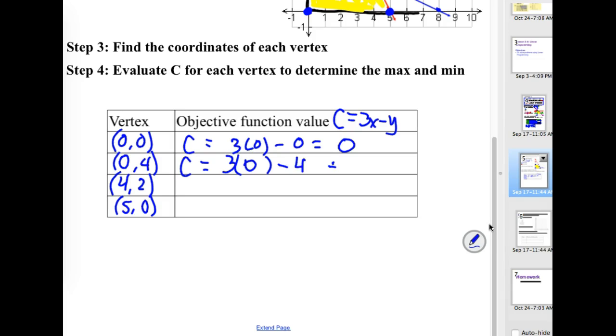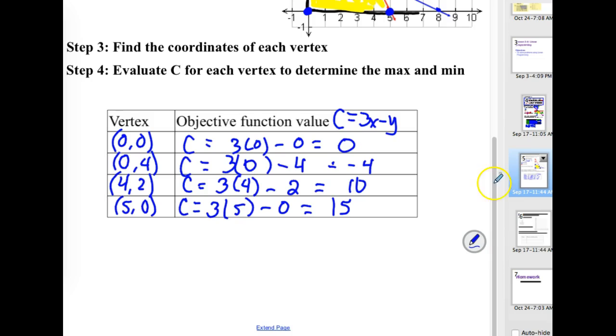So for my next point, I end up with -4. Okay. 3 times my x minus the y gets me 10. And last one, 3 times the x minus y, we end up with 15.